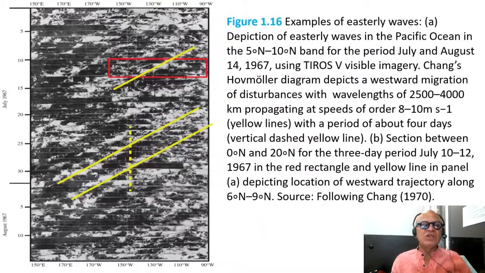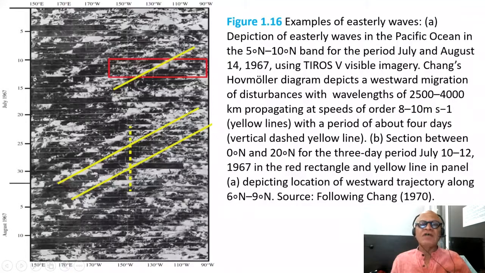Examples will include easterly waves, which we saw before in chapter 1. So this is the longitude here, and this is time going down, so July and August. So this is westward propagating waves which happen over the Pacific and Atlantic sectors here.